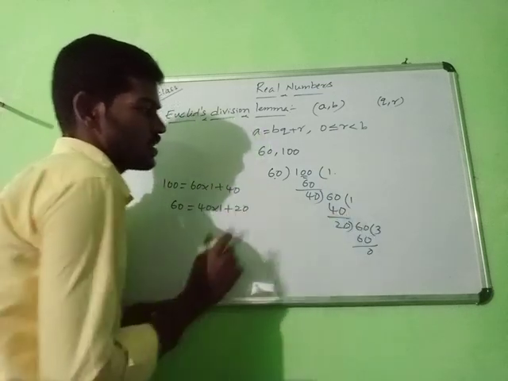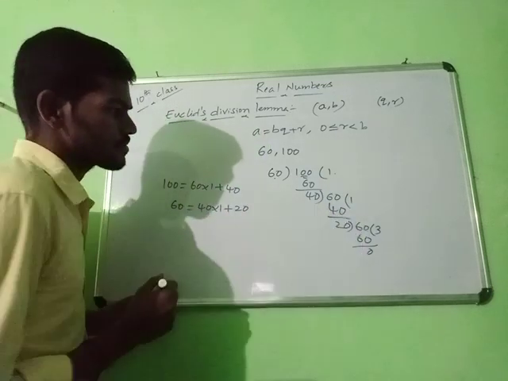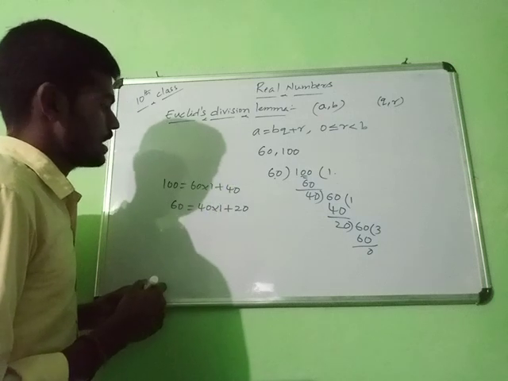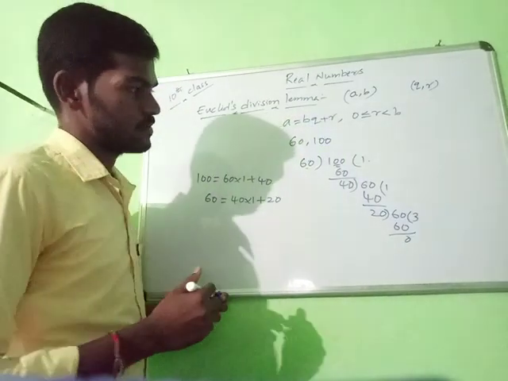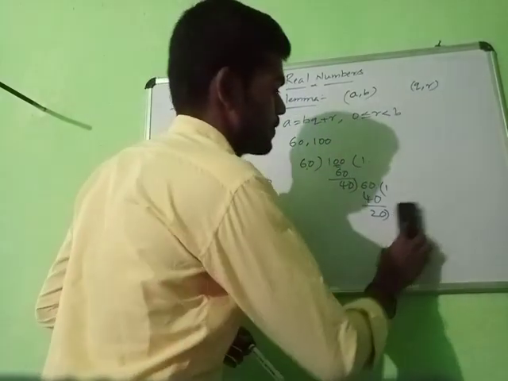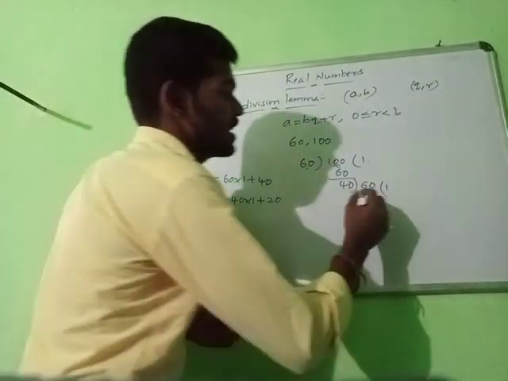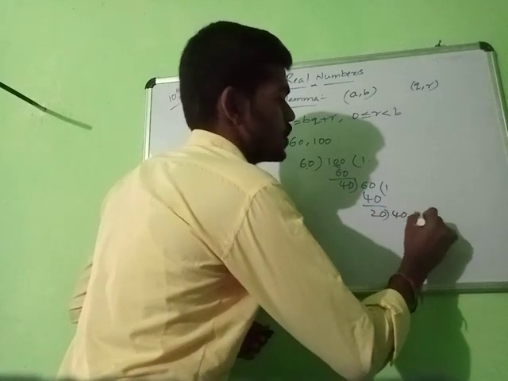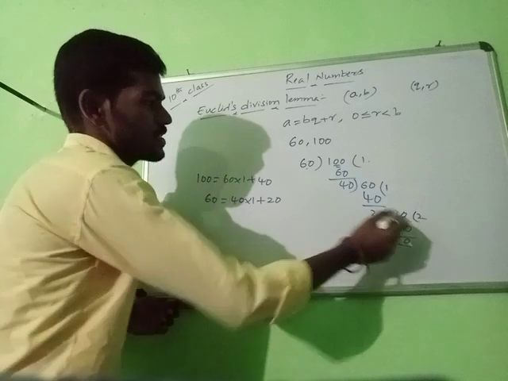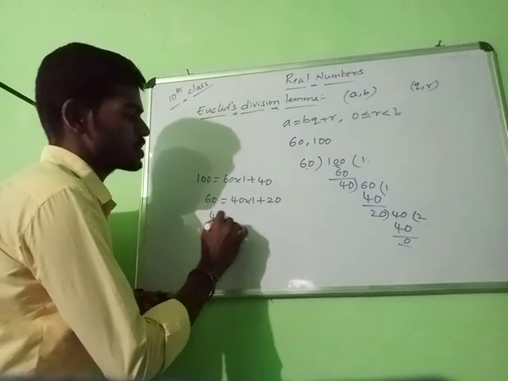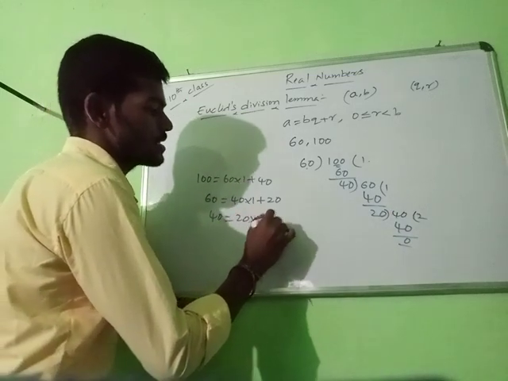Then take this 40 here: 40 twos are 40, so 0 will come. So 40 is equal to 20 into 2 plus 0.